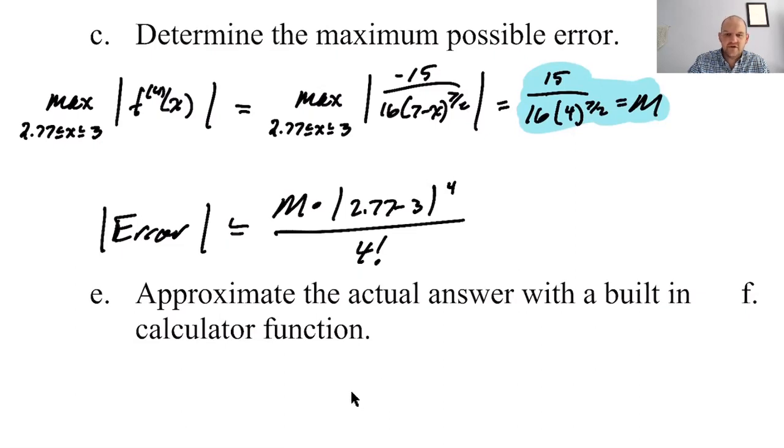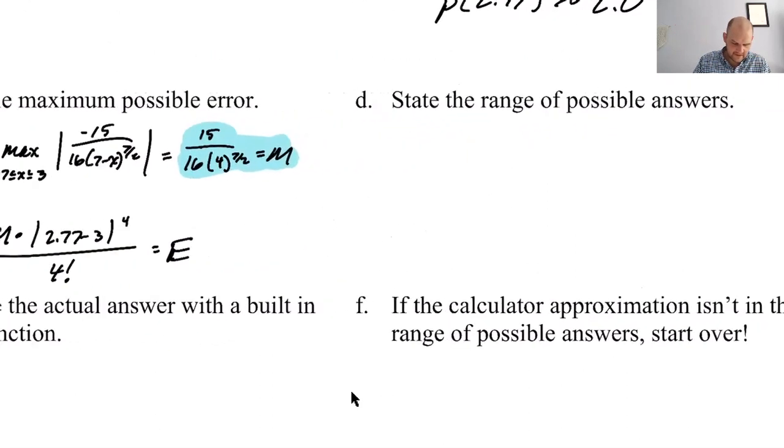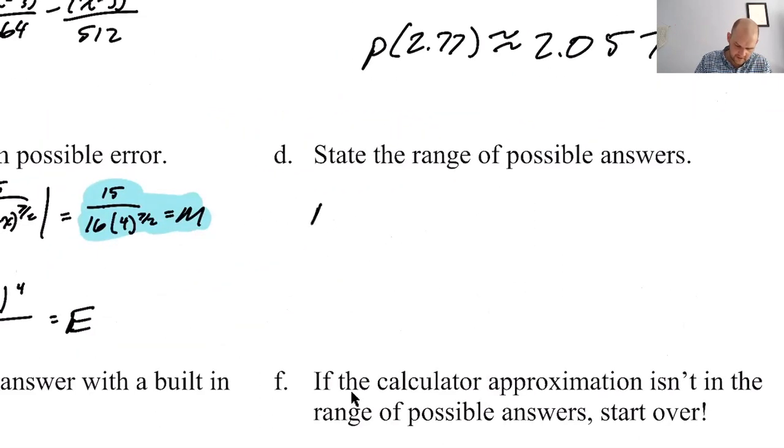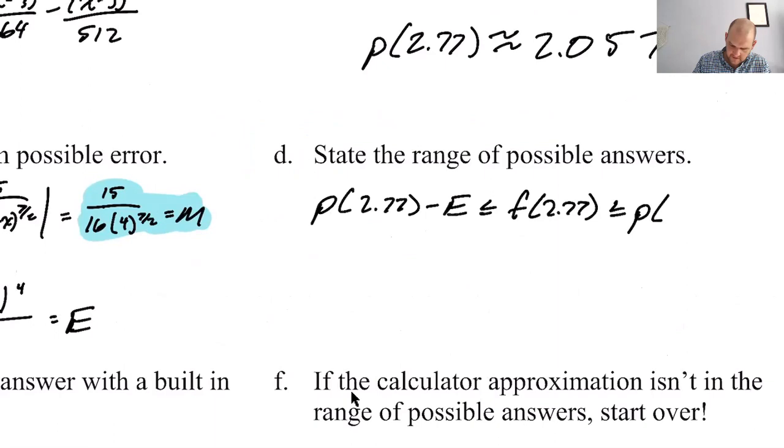I did not. Okay, we're good, I guess. And then we store that as e. And then over here, we're going to do p of 2.77 minus e less than or equal to f of 2.77 is less than or equal to p of 2.77 plus e.